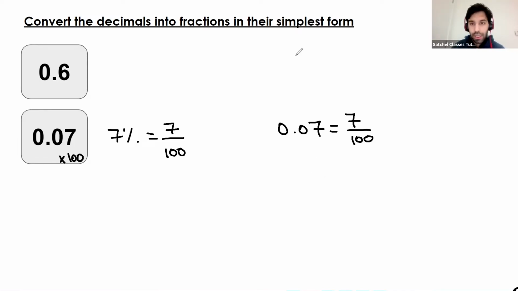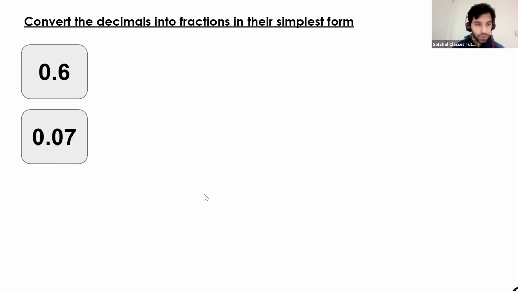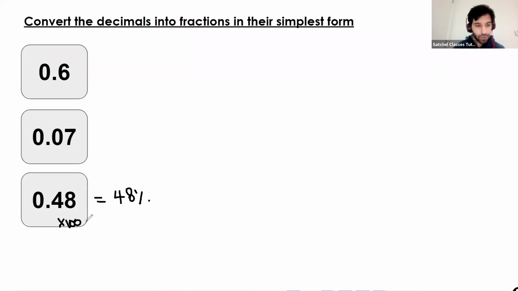All right, and let's do some more examples. So we've got 0.48 here. Once again, I'm going to convert this into a percentage. So I'm going to multiply 0.48 by 100. That's going to give me 48%. And I'll write, 0.48 is equal to 48%. 48% is the same as 48 over 100.